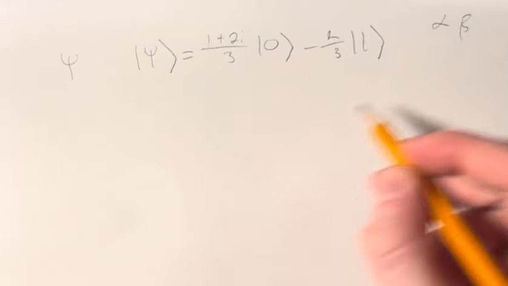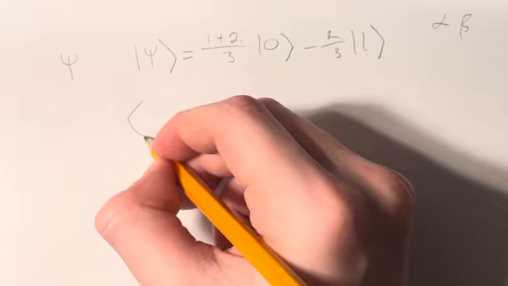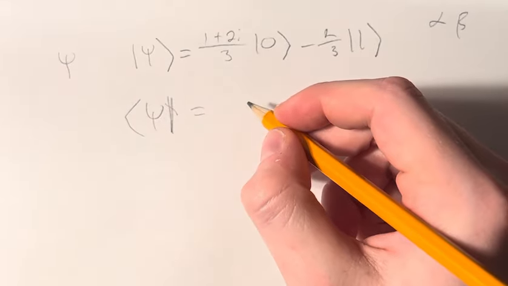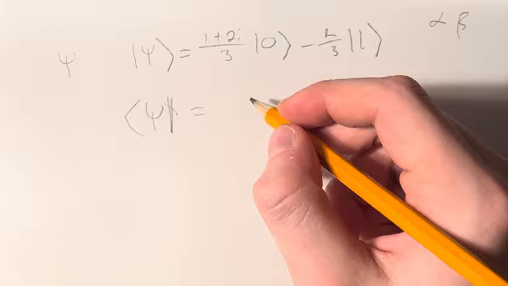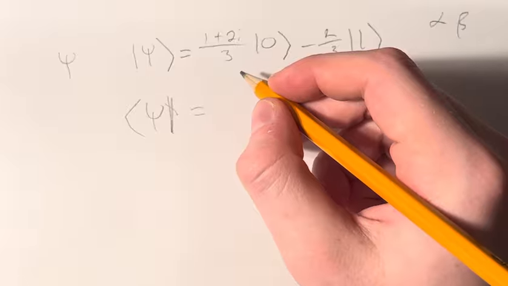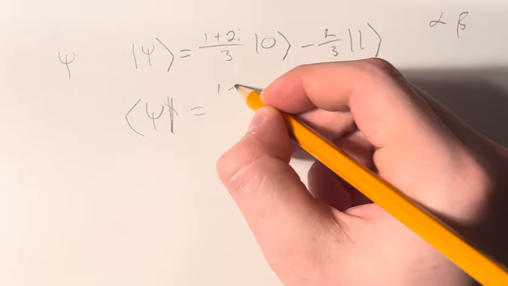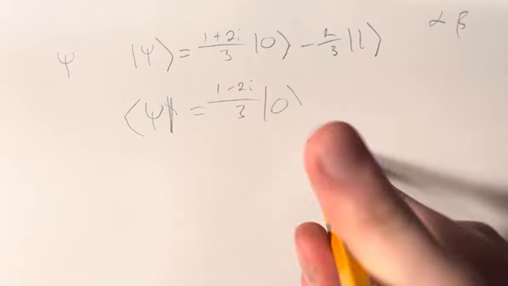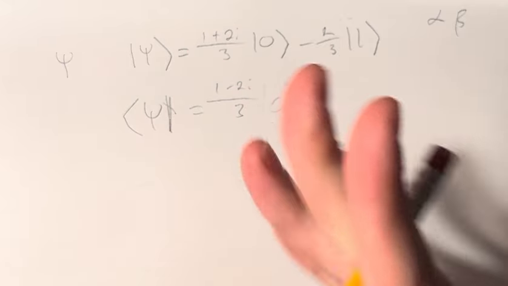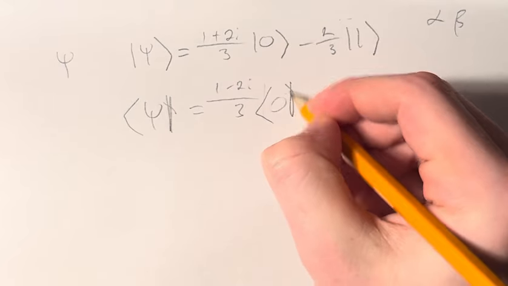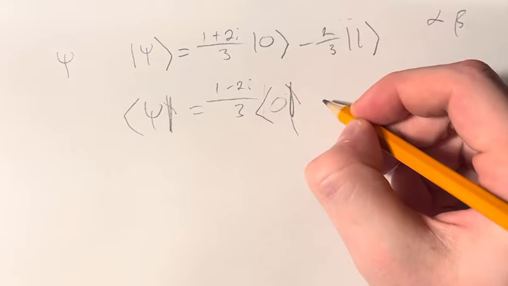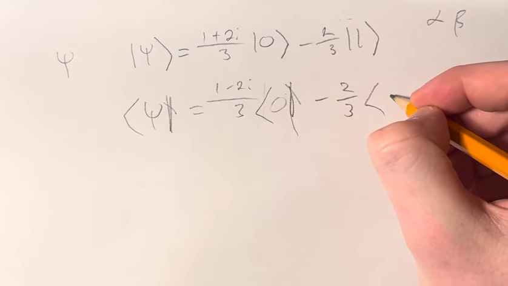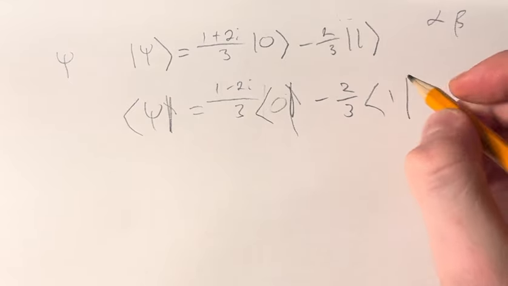So for this particular quantum state, the bra of psi is going to be equal to the conjugate transpose of the column vector. That means it is 1 minus 2i over 3, and it's not going to be ket 0, it's going to be bra 0, because now we're dealing with row vectors instead of column vectors, and then minus 2/3 of bra 1.